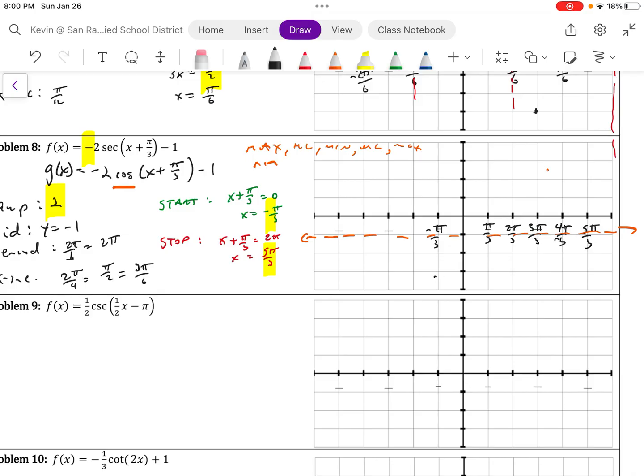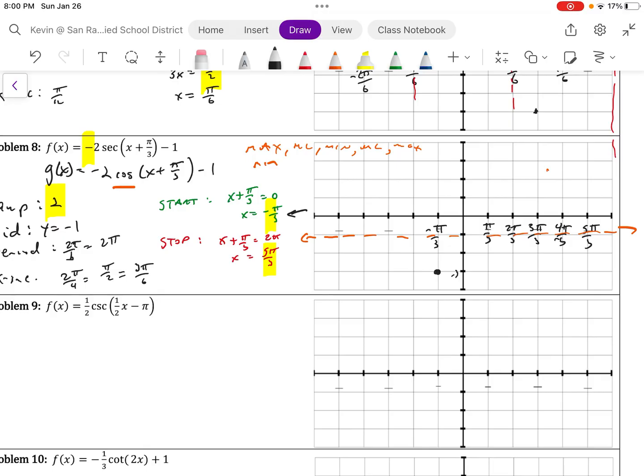So I'm going to come down here from negative 1 to negative 3. My starting point is negative pi over 3. So right here is my starting point at negative 3 and negative pi over 3. Amplitude of 2, midline is at negative 1.